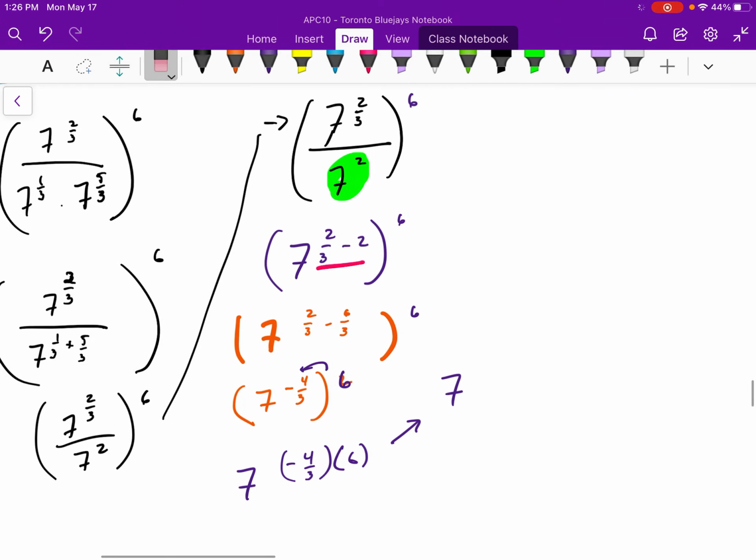So really, I would get 7. I'm running out of room again. This is a tough question. So 7 to the power of negative 4/3 times 6 is going to be, I'll try to clean this up, I'm sorry.